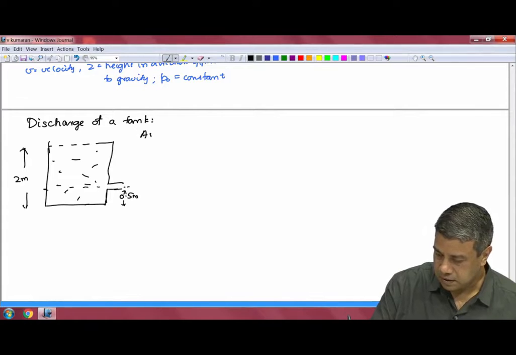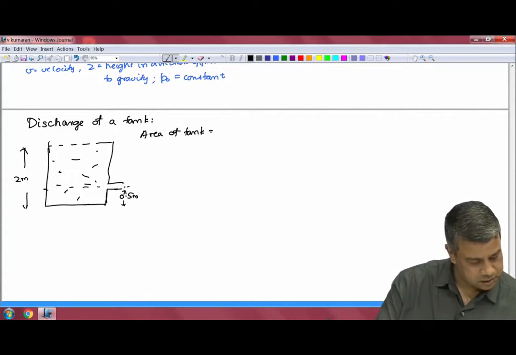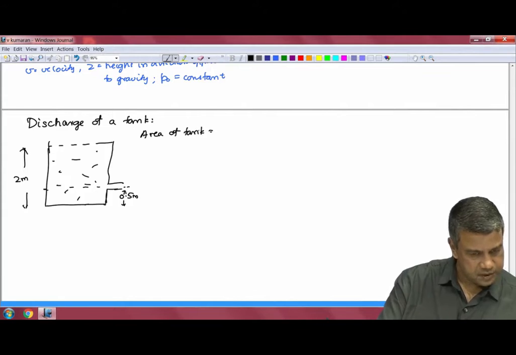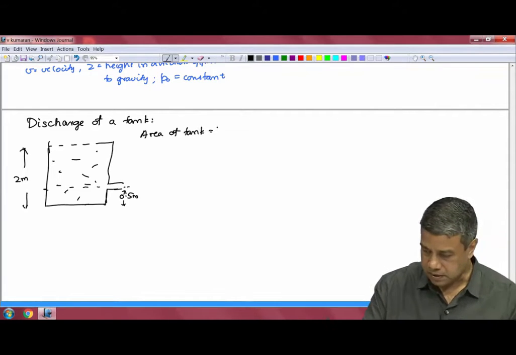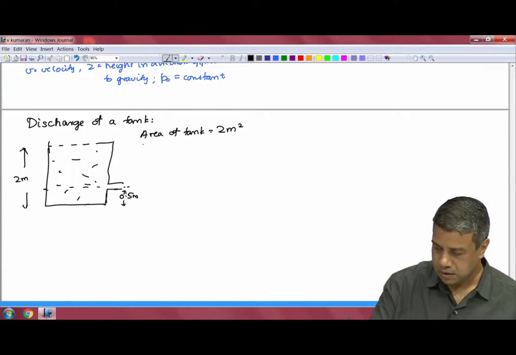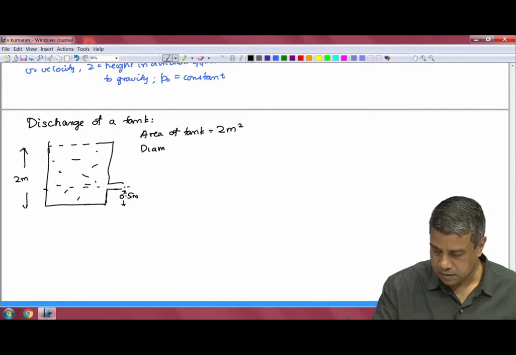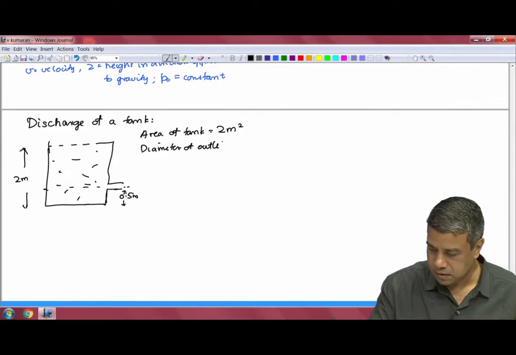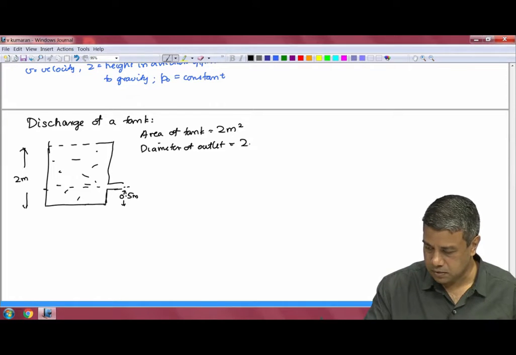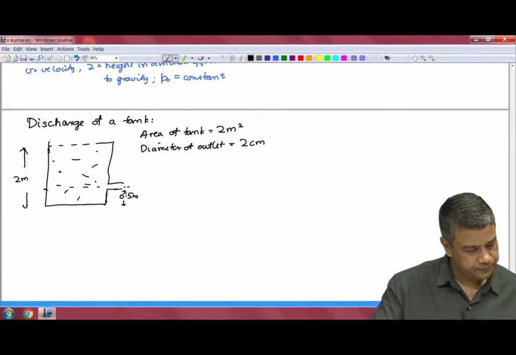And the area of the tank is 2 meters squared. The diameter of the outlet is 2 centimeters.